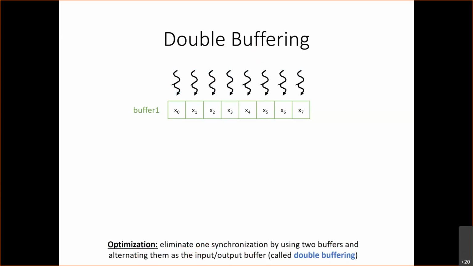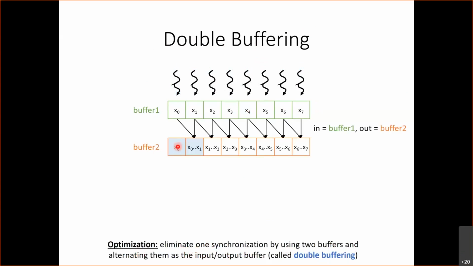So on the first iteration, we're going to read from one of the buffers, but we're going to write to another buffer. So I'm going to have two buffers, buffer 1 and buffer 2. And in this step, the input is going to be buffer 1 and the output is going to be buffer 2.